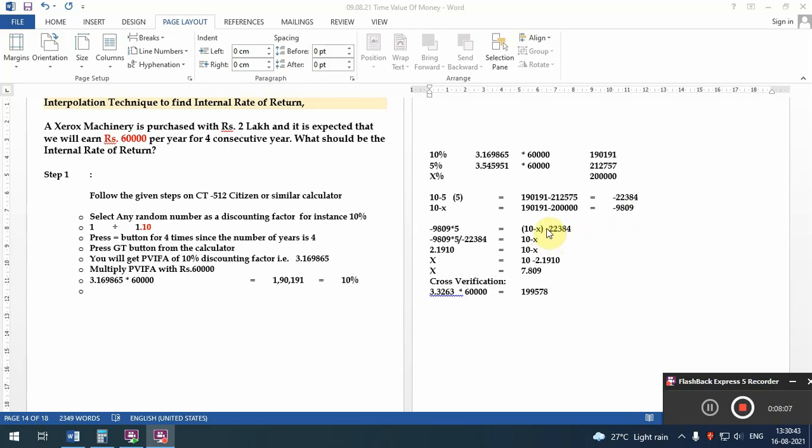Now there is a sign of multiplication between these two. I can just simply put the sign so that you will not get confused.